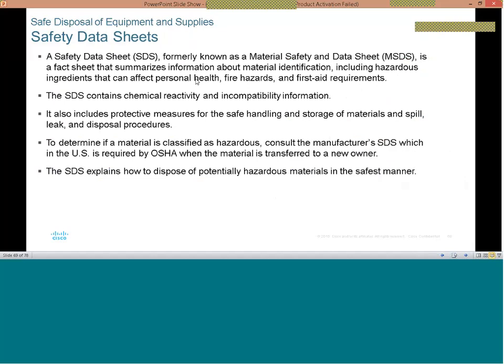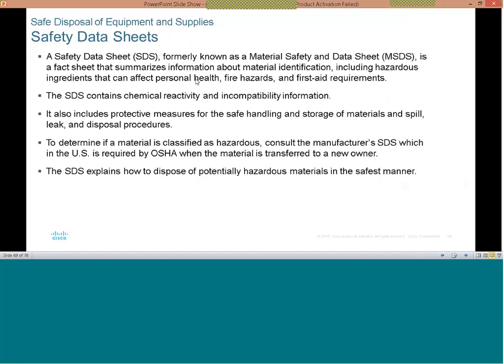So a safety data sheet, commonly known as a material safety data sheet, is a fact sheet that summarizes information about material identification, including hazardous ingredients that can affect personal health, fire hazard, and first aid requirements.